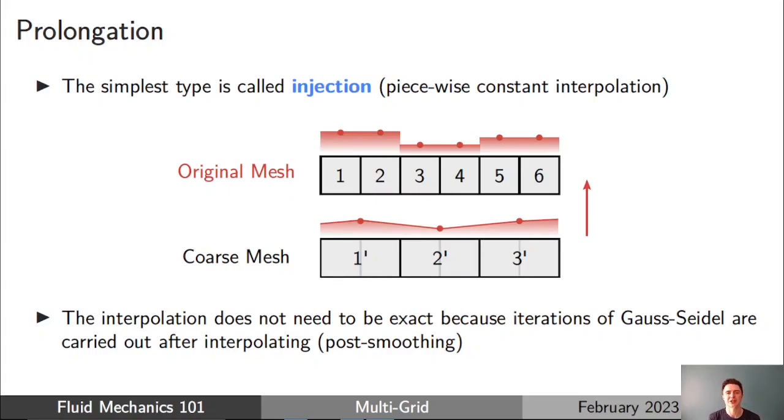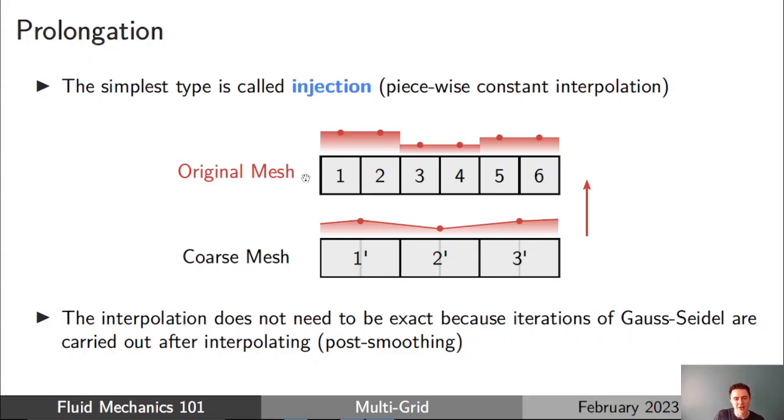And as you may expect, there are of course different types of interpolation that you could use. You've got a coarse field, and you now want to interpolate the values on the finer mesh at points in between those coarse fields. There are different types of interpolation you could use, and indeed different levels of accuracy.